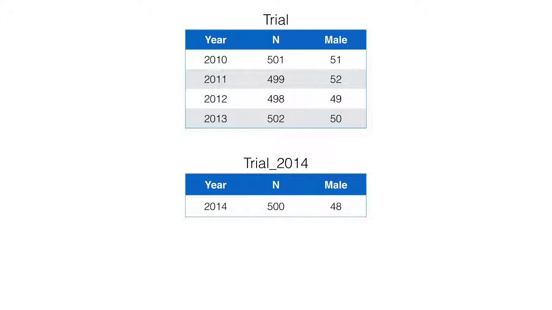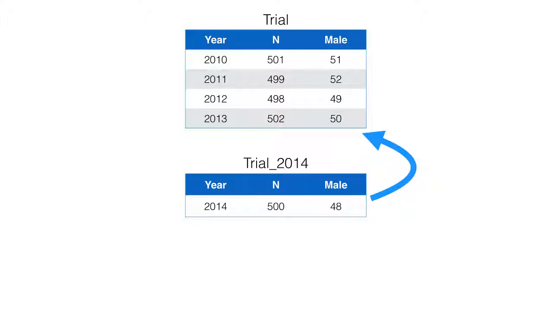You have a dataset named trial that stores the number of participants recruited each year, as well as the percent of participants who are male. Another dataset named trial_2014 was just sent to you with the recruitment numbers for the year 2014. You want to add observations about the participants recruited in 2014 to the master dataset so that it contains information about all years.